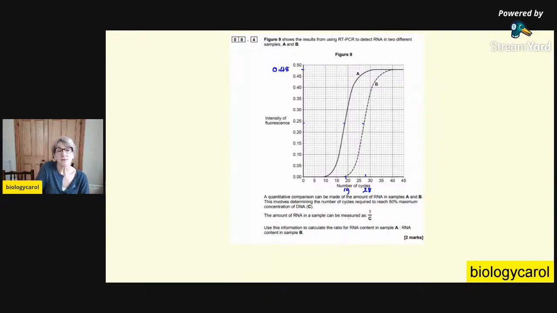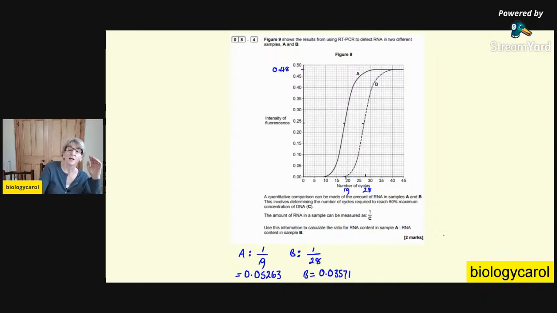So now I'm doing 1 over 19 for sample A, 1 over 28 for sample B, which equals these numbers.